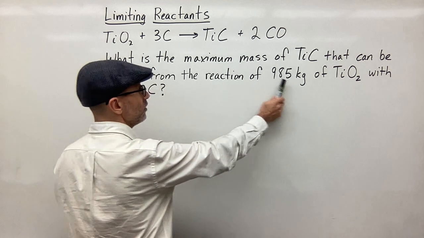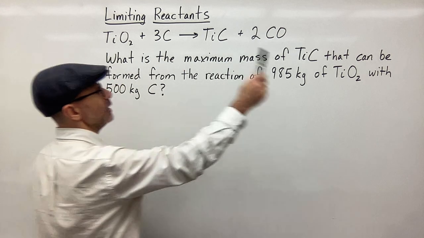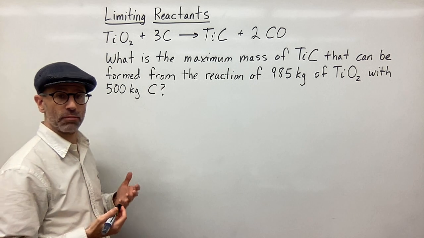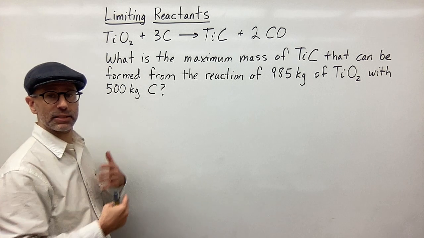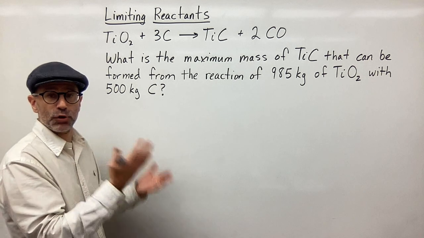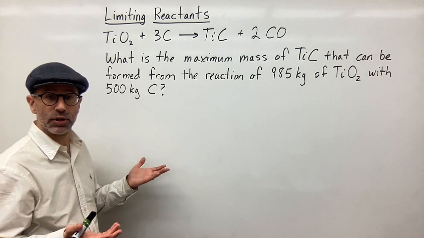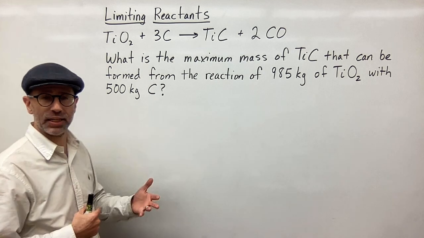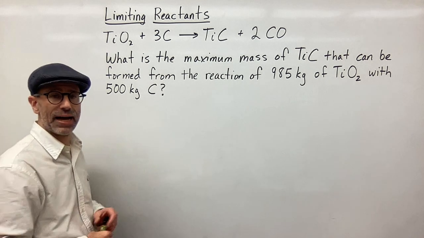Okay, so the first thing we want to do is convert both of these amounts to TiC to figure out how much TiC they're going to form. And we're going to do our mass to mass conversion, or you could stop at moles, because if you can compare the amount of moles, that's good enough as well. But sometimes your problem is asking for a percent yield, or they want to know what the mass is.